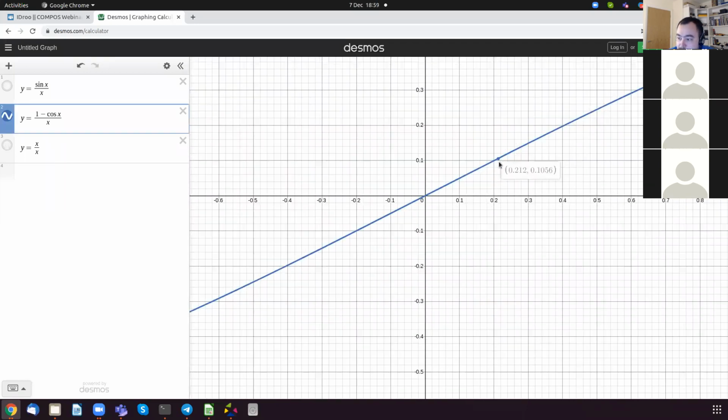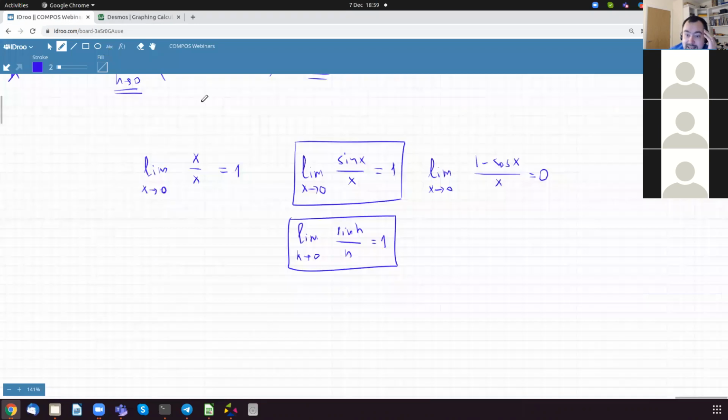As x approaches 0, y also approaches 0, except in the middle where it's undefined. So we can say that as x approaches 0, the value of this expression approaches 0 as well. And this is also a very important limit that we are going to use.